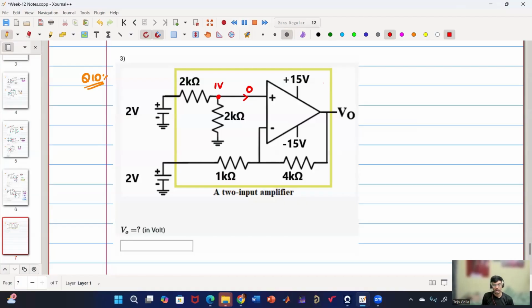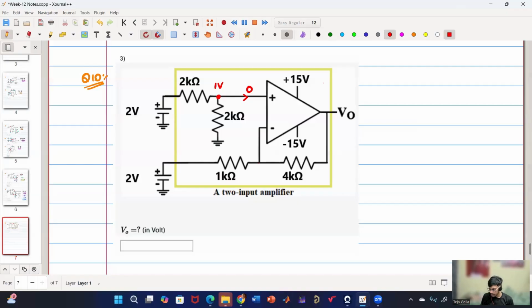Then across that it will be 0 volt, sir. Which across which? Across the positive terminal, that line. Which line? This line. No, 2 volt will be taken by the 2K, only both the 2 cases, 1 volt each. Okay, sir.